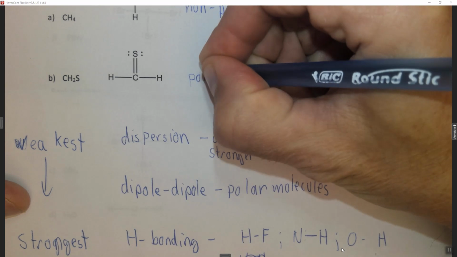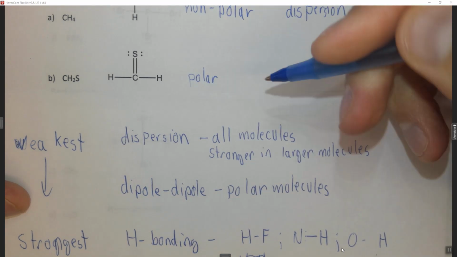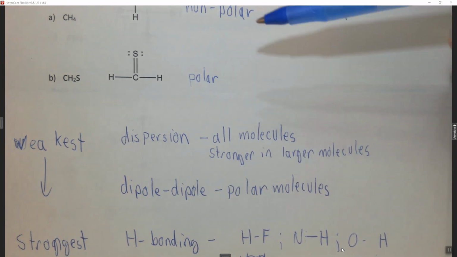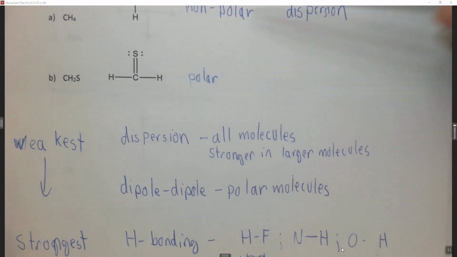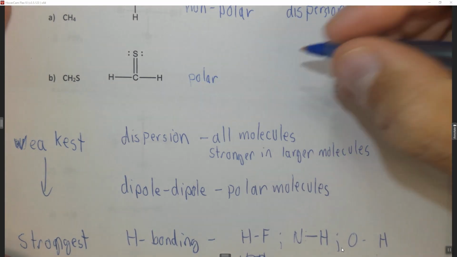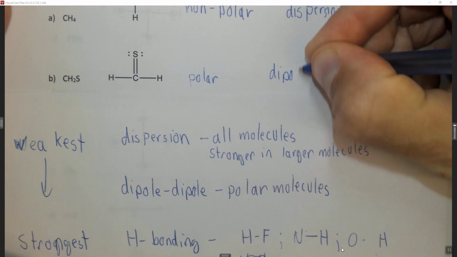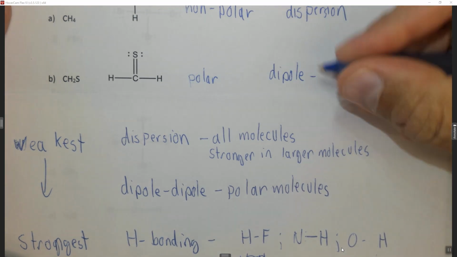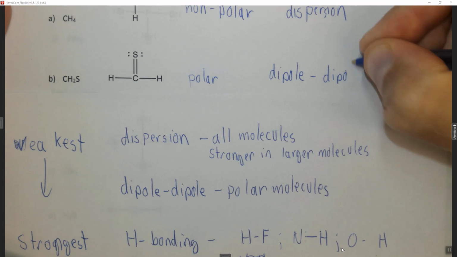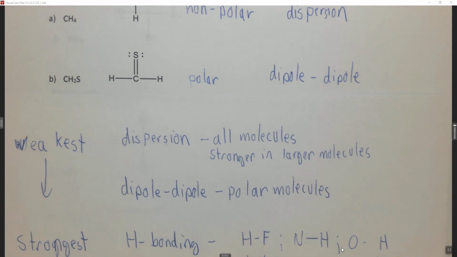Therefore, this molecule is polar. Again, in chapter 7, there is a review of how to determine whether a molecule is polar or nonpolar. So since this one is permanently polar, the strongest intermolecular force for CH2S is dipole-dipole forces.